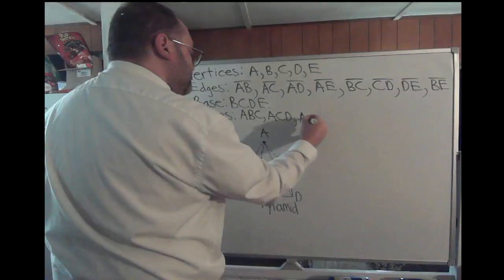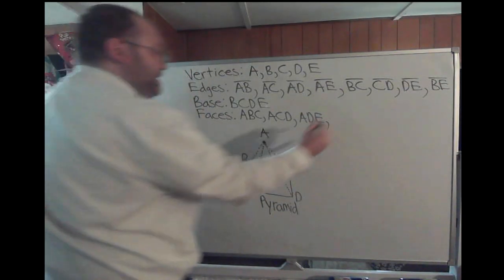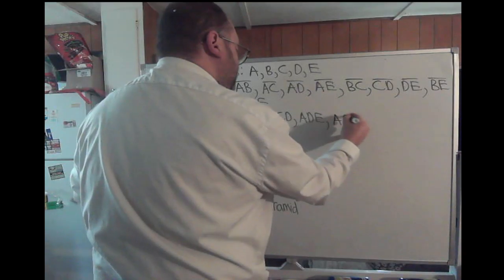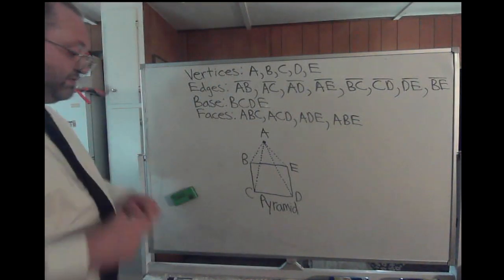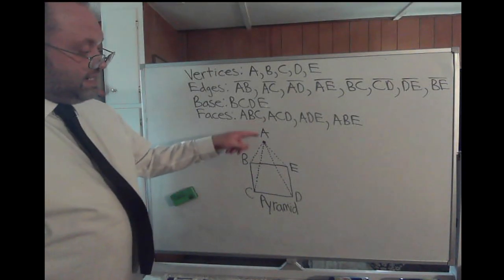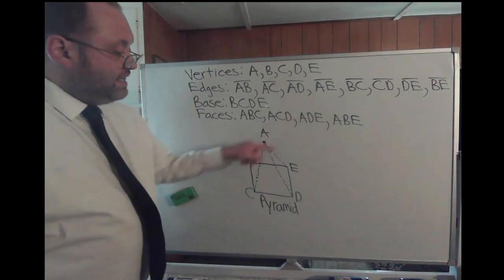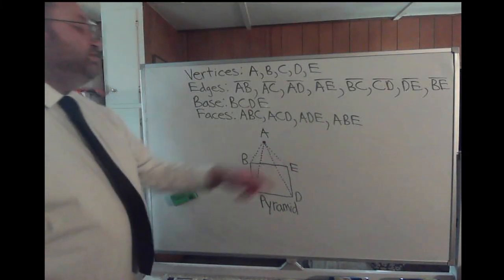ADE. And ABE. In the back, you'll have ABE. So those would be your faces. You would have triangle ABC, ACD, ADE, and ABE in the back. Those would be your faces.